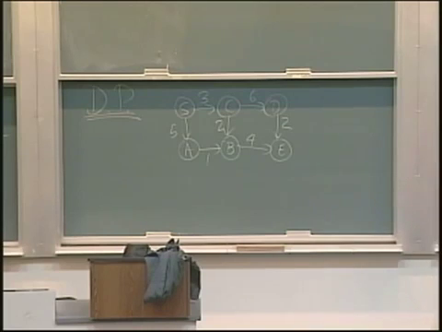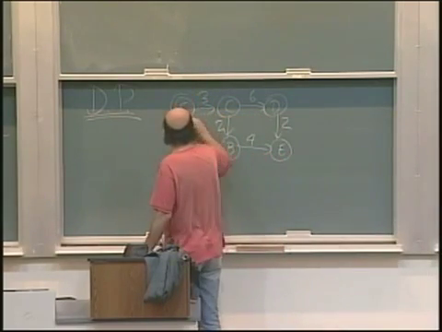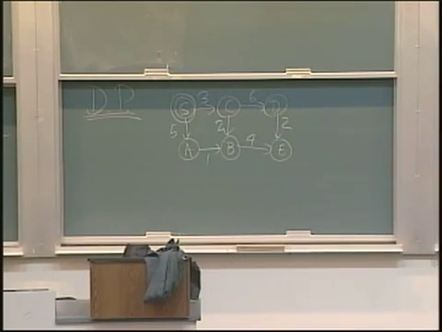This is one of the simplest problems we solved. It can be solved in many, many ways. You want to find the shortest paths, let's say from S, in a DAG. How do we do it?